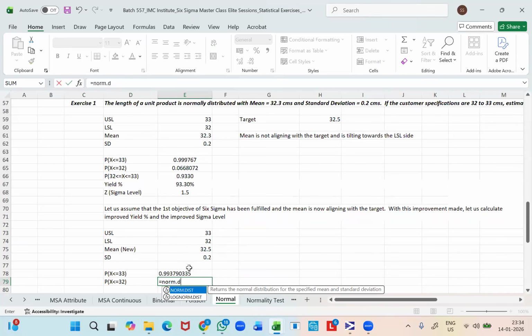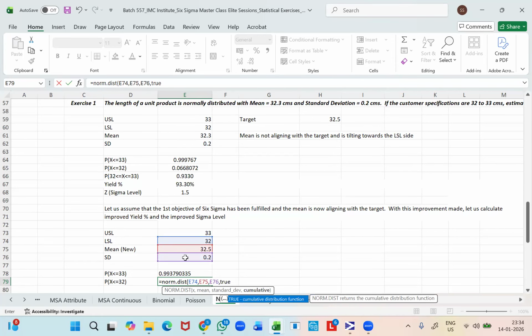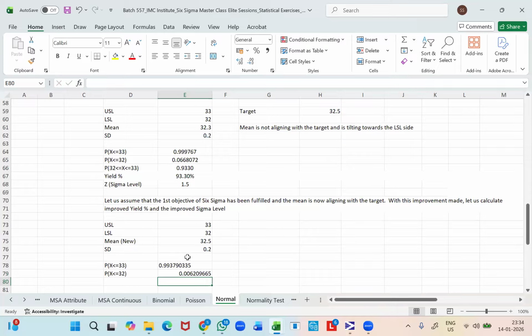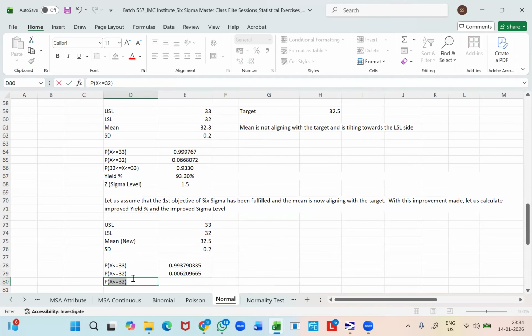Again, NORM.DIST open bracket, 32, comma, 32.5, comma, 0.2, comma, cumulative will be true. Right? Now we can find the area between 32 and 33, P of 32 less than or equal to x less than or equal to 33. So you just need to subtract these two values.